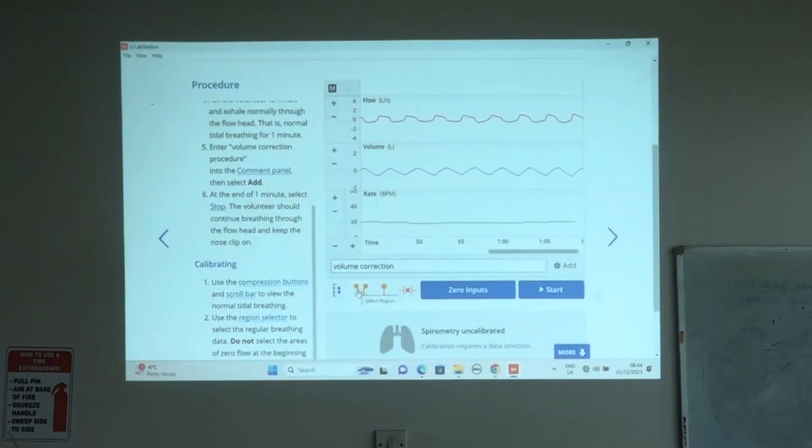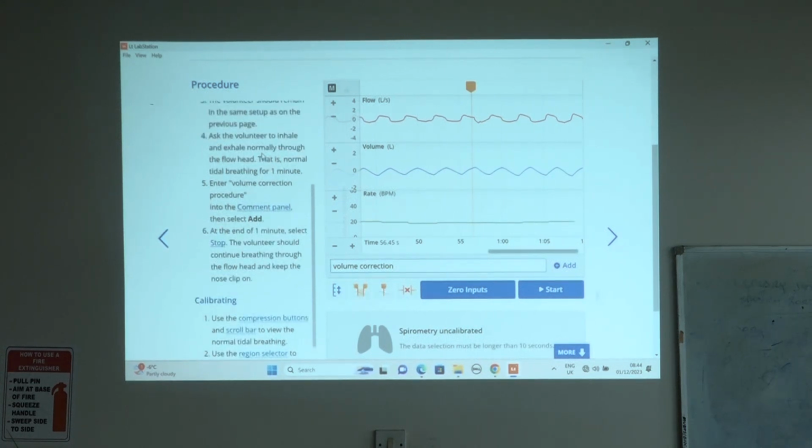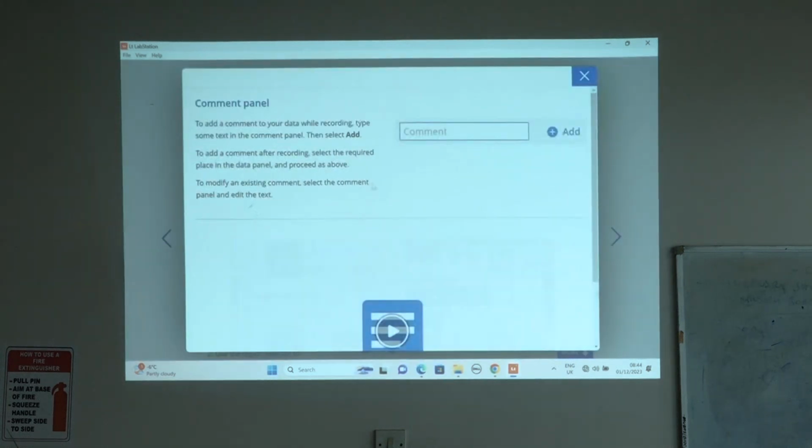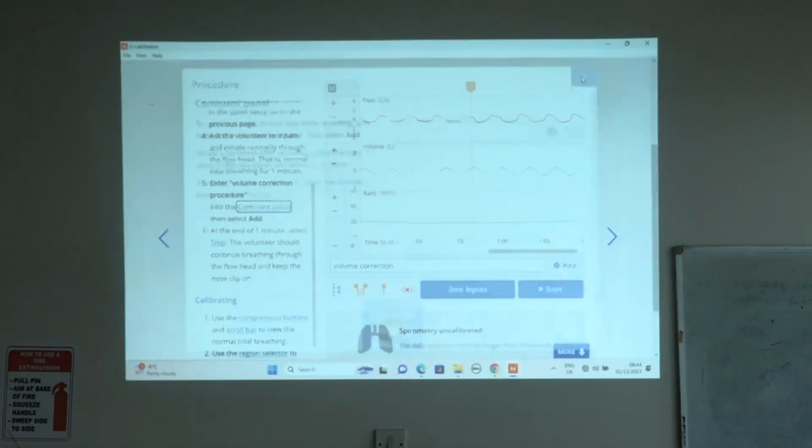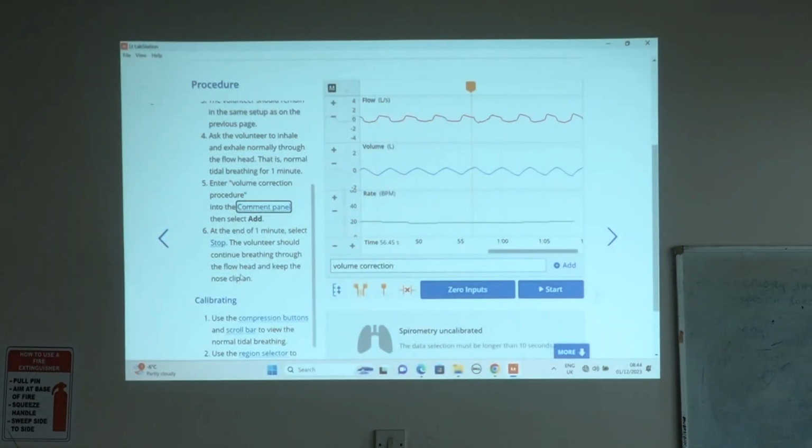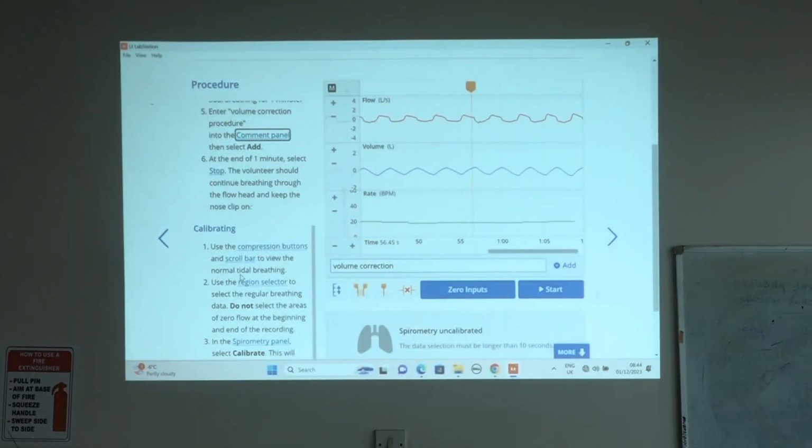This is a region selection, and this is point selection. Of course, in case you don't know it, if you are a first time user of LabStation, you can click on this and it shows you what the command panel is, and then you look for it here. Let's assume I'm a first time user and I don't know where the compression buttons are.